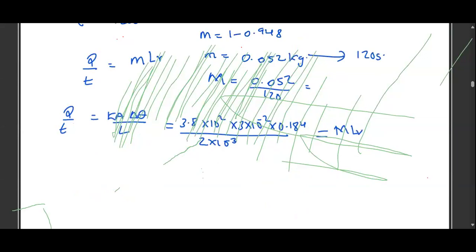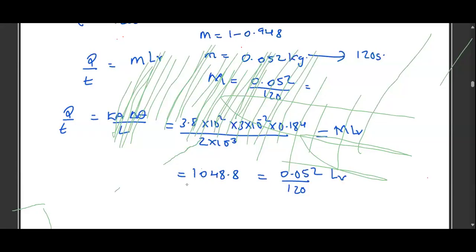So you have 3.8 times 3 times 0.184, divided by 2 times 10 power negative 3. I am having 1, which is going to go to our M, which is 0.052 divided by 120, then L V. M was 0.052 divided by 120.